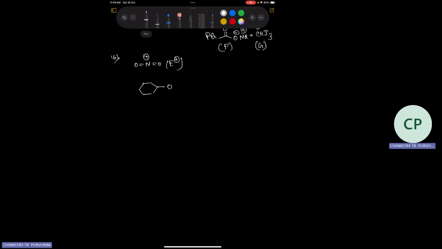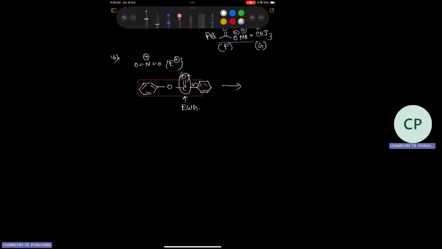This is C double bond O. So if NO2 plus will be there, this group is basically an electron withdrawing group, EWG. The electron withdrawing group can withdraw the electron.